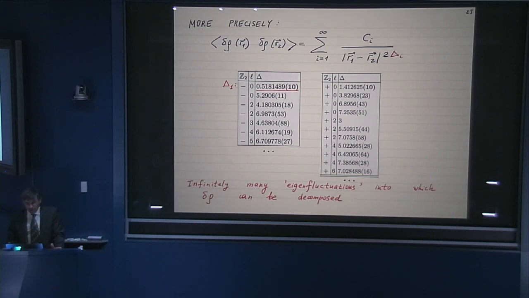So what are these numbers? How should we think about them? Well, one way to think about them is that these are some sort of eigenfrequencies corresponding to sort of eigenfluctuations. So I told you that I'm looking at these fluctuations of density, but density is just one fluctuating quantity, and what this equation is hinting at is that there are infinitely many types of fluctuations which coexist in the system, and each of them is characterized by this corresponding parameter delta 1, delta 2, delta 3.